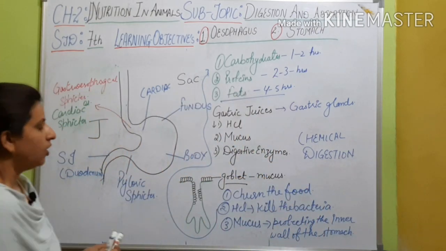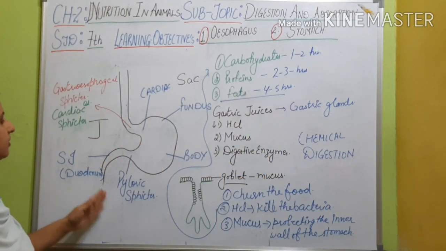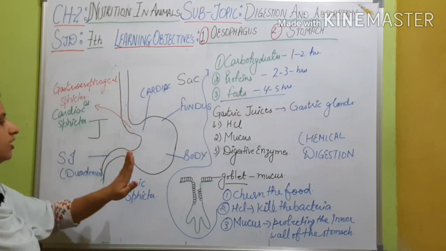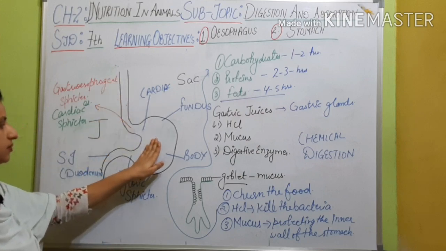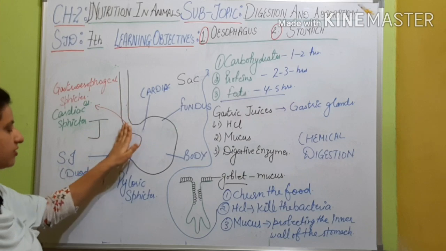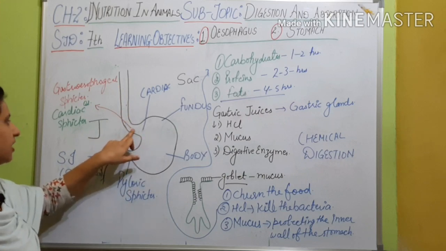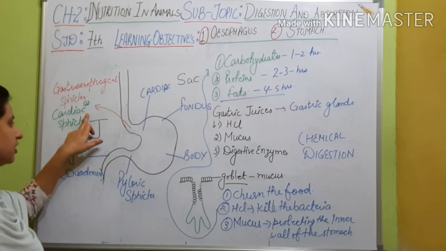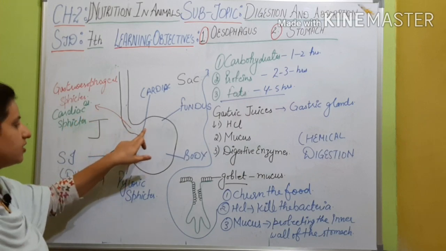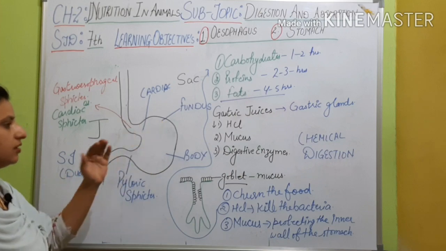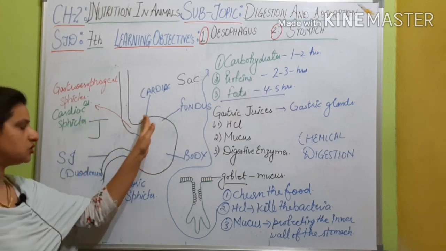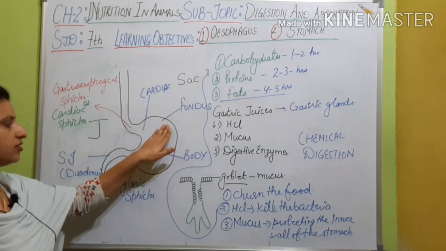So let's recap again. The esophagus ends and the stomach starts, and the point where the stomach starts is called the cardiac sphincter. The first part is the cardiac, and then there is the bulgy part, which is bulging outside, called the fundus.